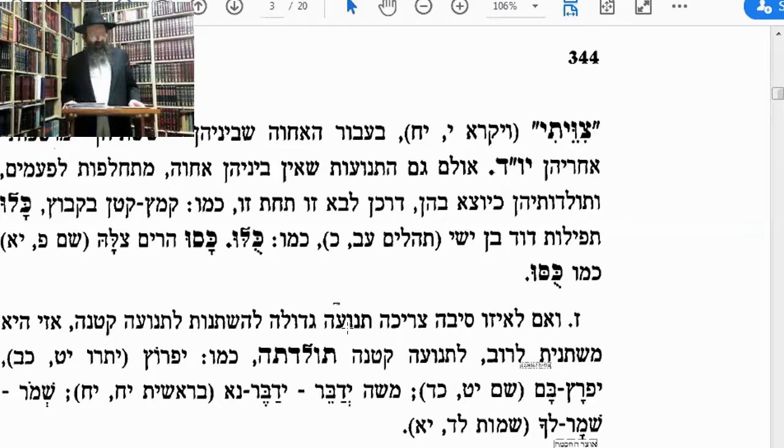Sometimes it's pronounced es. Now, to remember that, whenever it is es, it does not have its own trop. It doesn't have its own emphasis. It's connected to the next word.